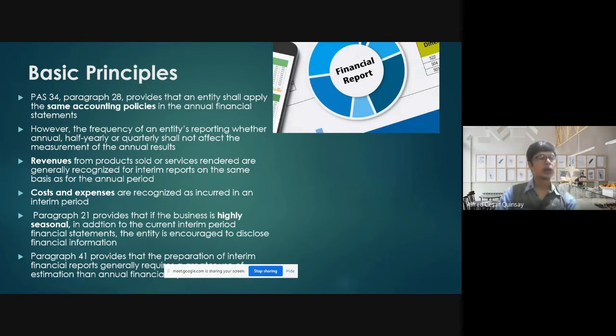Okay. Now, paragraph 21 provides that if the business is highly seasonal, in addition to the current interim period financial statements, the entity is encouraged to disclose financial information, especially pagka seasonal, no? Okay, kasi maaring, let's say, malakas sila sa January, February, no?